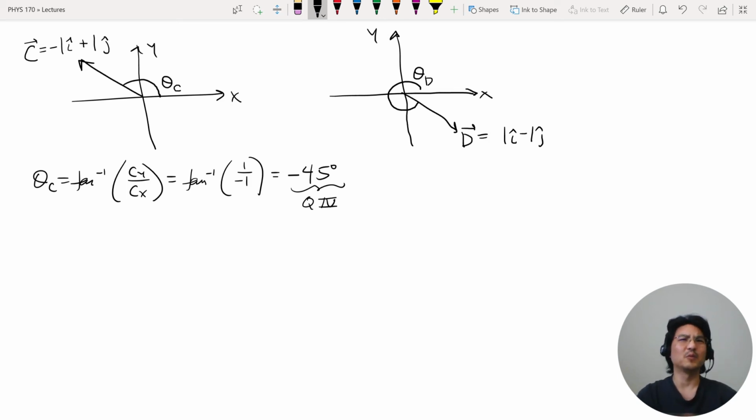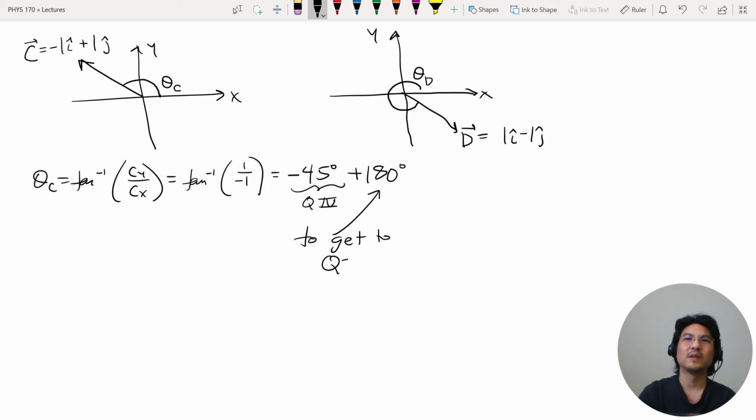But then you know it's supposed to be in quadrant 2, so you have to flip it over 180 degrees this way. You need to add 180 degrees to get to quadrant 2, where you know it's supposed to be.